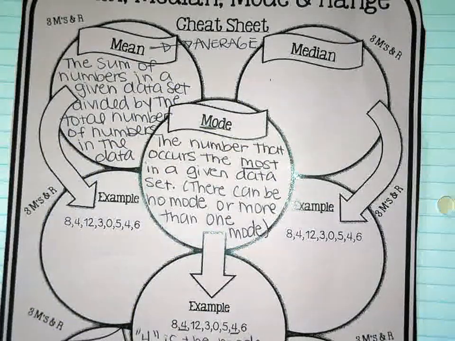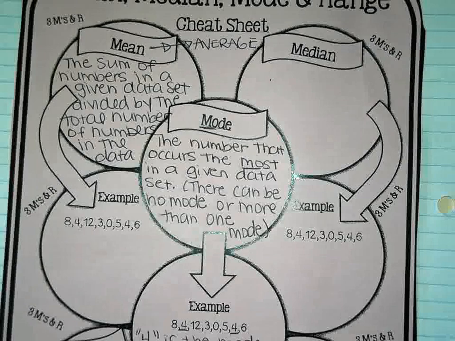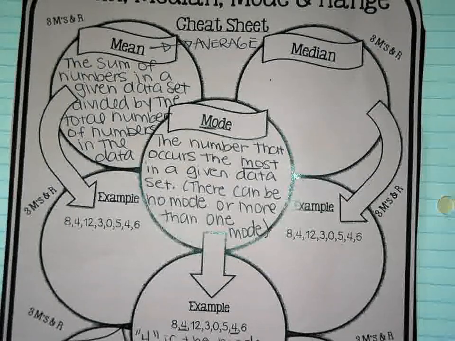So the mean is the sum of numbers in a given data set divided by the total number of numbers in the data set. Here is what that means.